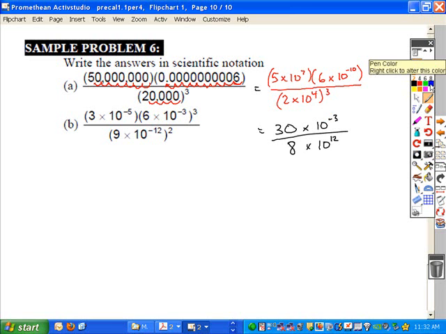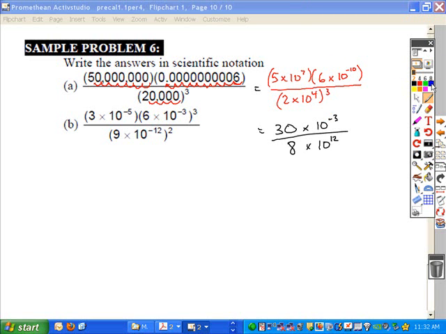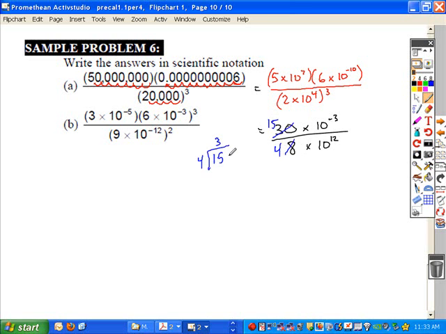And so now what you could do here is reduce this number. What goes into both 30 and 8? 2 goes into 30 15 times, 2 goes into 8 4 times. And so you wind up with 15 over 4, and you can take 4 into 15. 4 goes into 15 how many times? 3, with what remaining? 3 remaining. 4 goes into 30 how many times? 7, with what remaining? 2. 4 goes into 20 5 times.